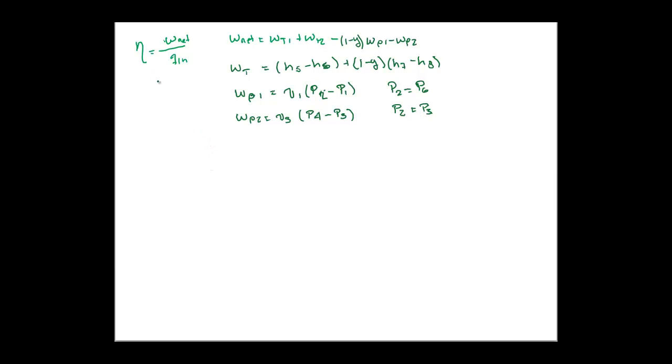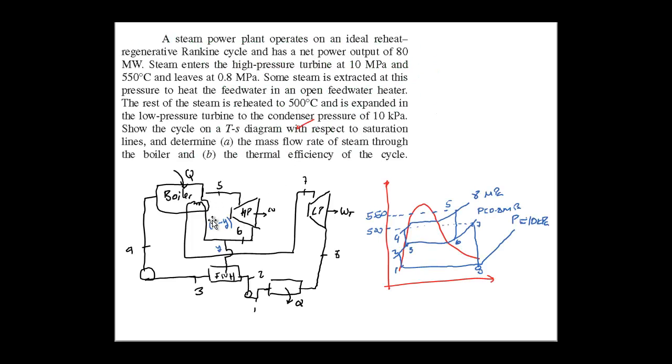Okay, finally we have to account for the heat, and heat in, just a little bit big, don't worry, is h5 minus h4 plus (1 minus y) times (h7 minus h6), because this portion of the boiler has less mass.